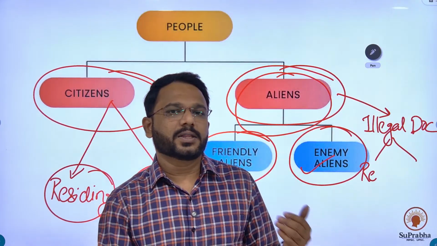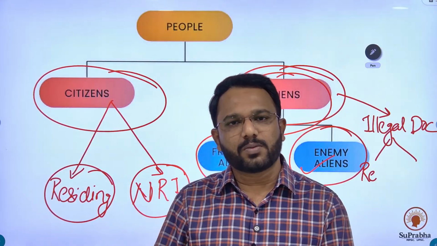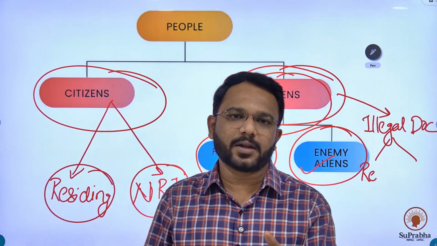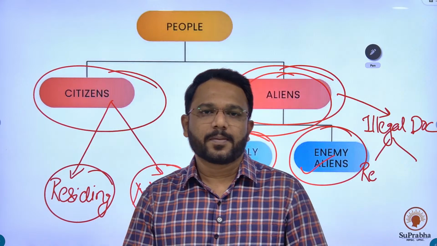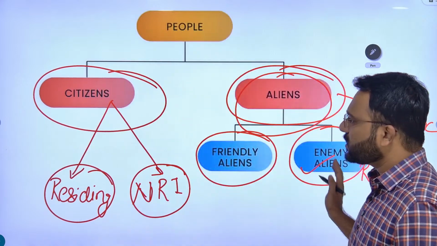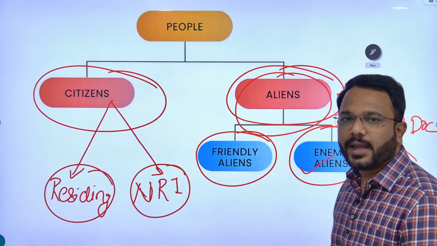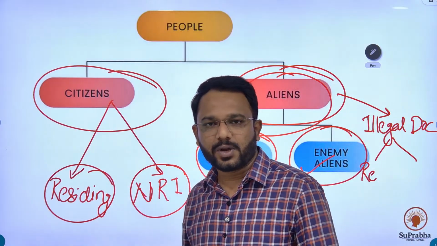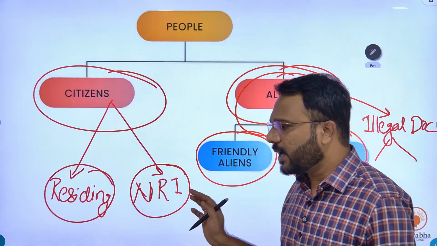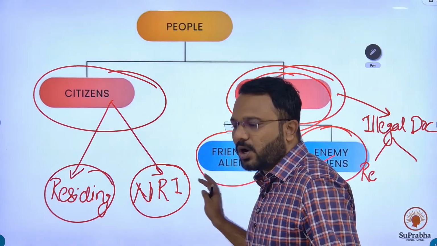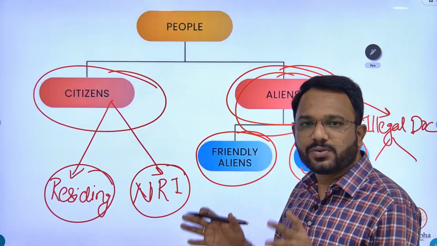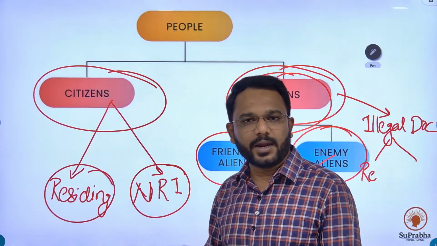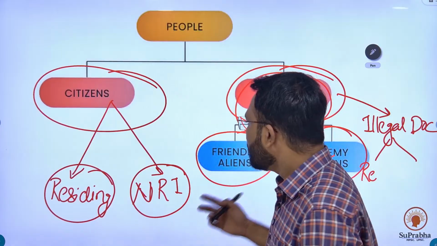The second are the illegal immigrants who cross the border or enter another nation illegally. This type of classification is there for any nation and for India as well. So I hope you have got an idea about the individuals who are residing in India or in a country.